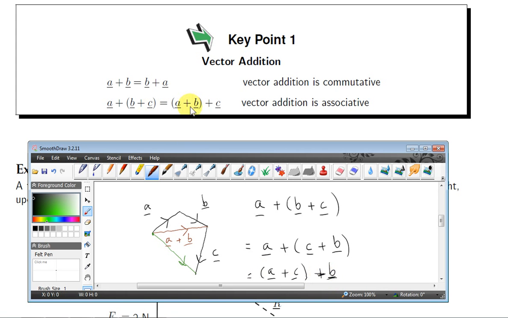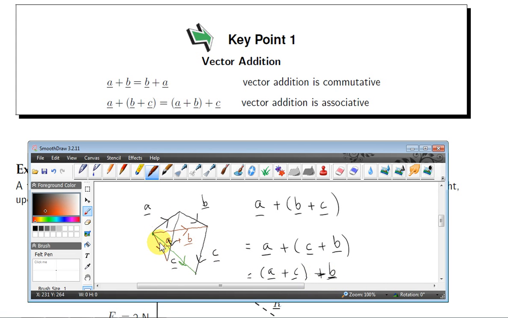Now this doesn't appear here, but this is also true. If we add a onto c first of all, to do that we would have to move vector c parallel to itself. So move c here. So then to get a plus c, we'd have to join the tail of a to the head of c.